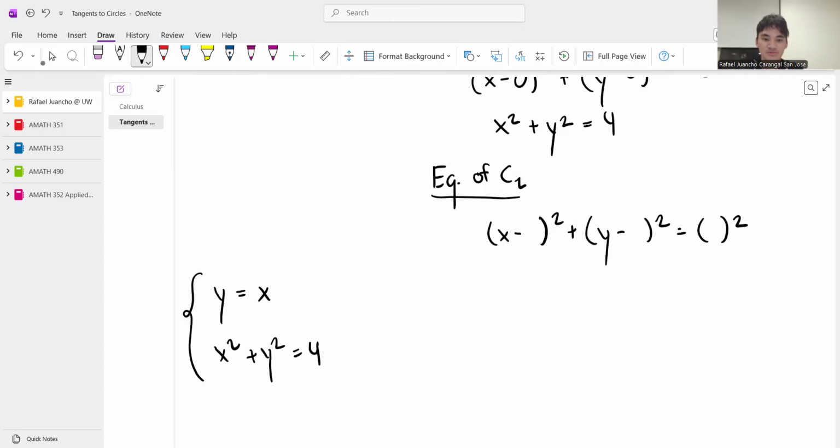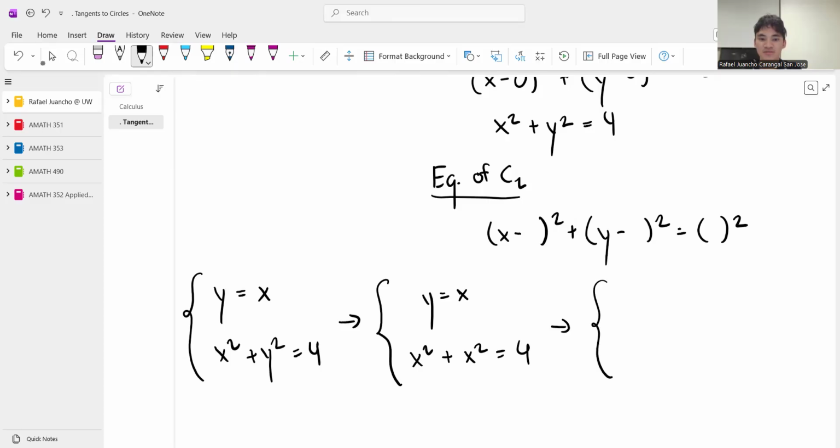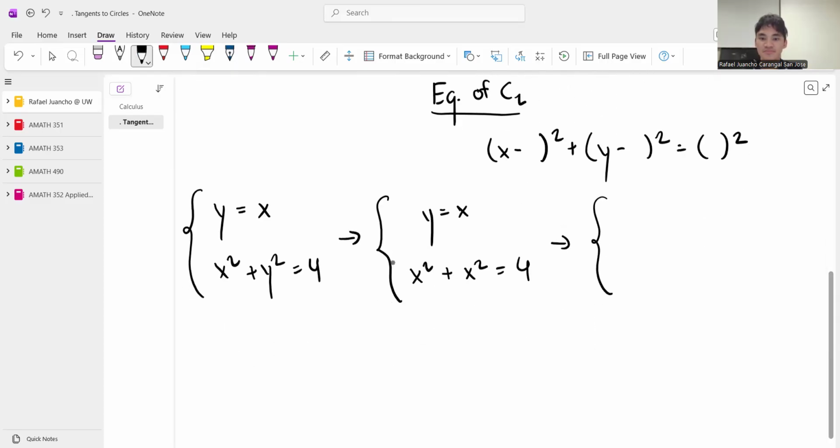So here, let's just do simple substitution. We say y equals x, so we can do x squared plus x squared equals 4. Now this should be pretty straightforward. We're just solving for x and y. I just did substitution here. This is 2x squared equals 4.